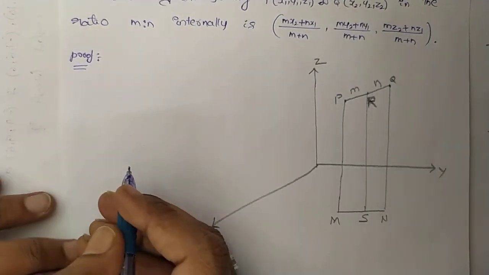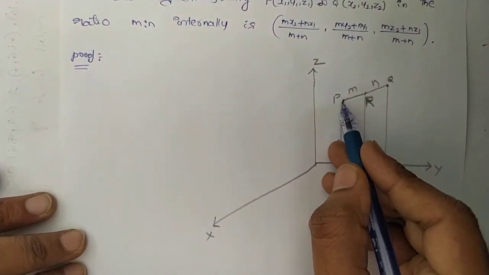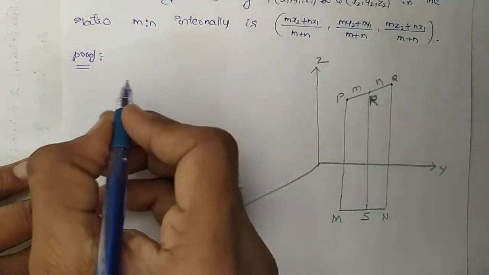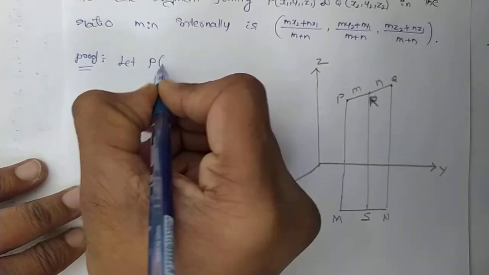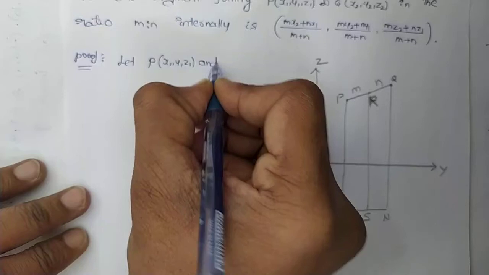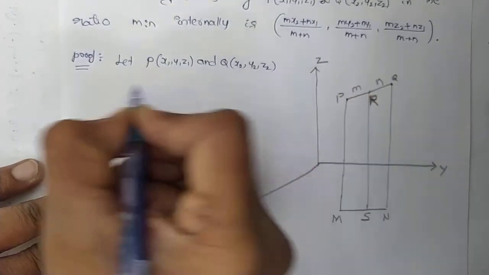Let us write down the explanation. Let P and Q be any two points in the space, P(x1, y1, z1) and Q(x2, y2, z2).